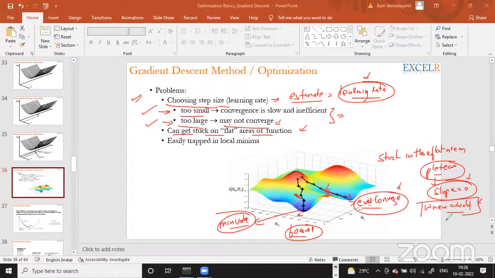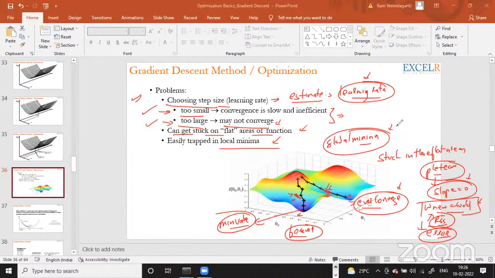When you're not in a position to update your weights, you are no longer in a position to reduce your residual sum of squares. That is a challenge you're going to face. These flat areas are called local minima. So it should not get stuck in this local minima. It should find the global minima.